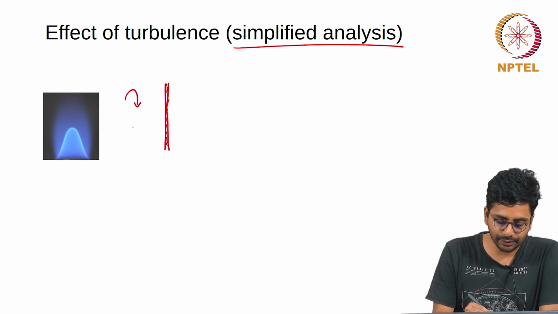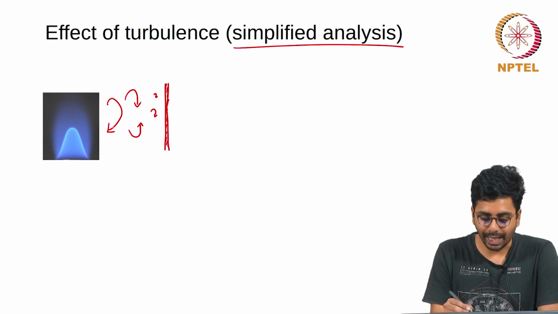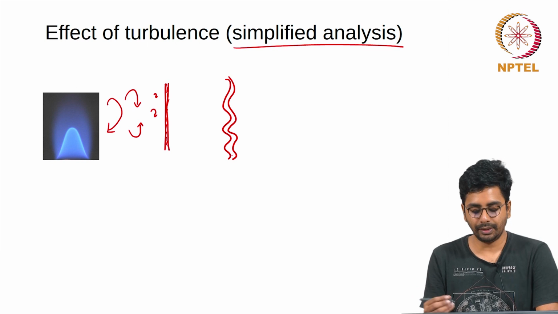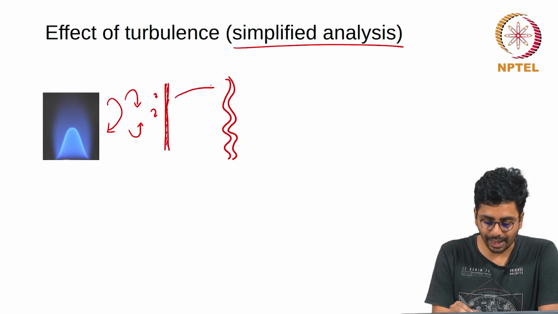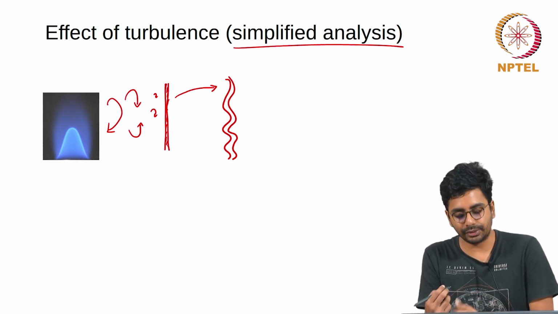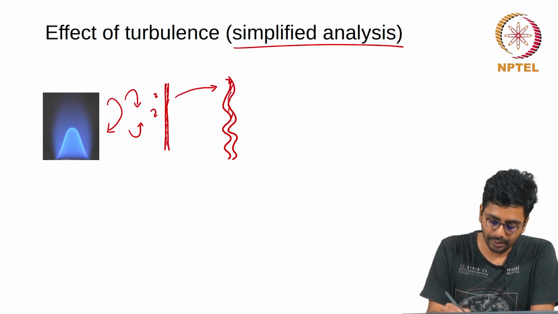These spatial structures called the eddies of different sizes, okay, can wrinkle the premix flame. So because of turbulence, an unstretched laminar premix flame can become a very wrinkled, stretched laminar premix flame, okay.